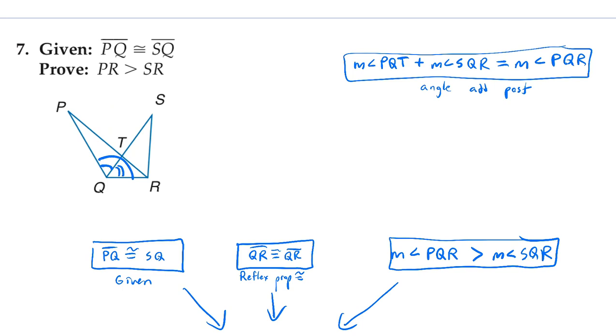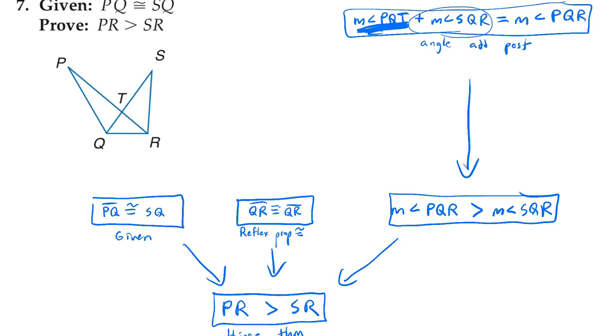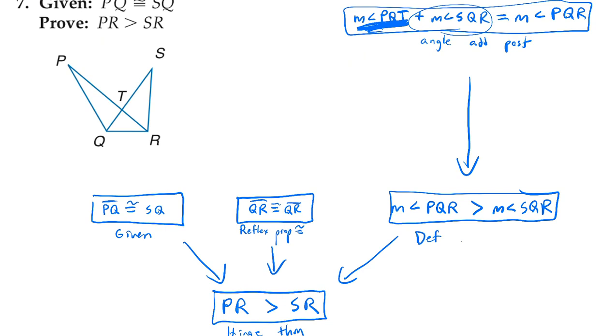Okay, but now we could use the very definition of inequality, right? Since angle measures are always positive numbers, bigger than 0, then I know SQR plus positive stuff to get to PQR means that this is bigger, right? If you add positive numbers to get to the bigger thing, that's the very definition of inequality.